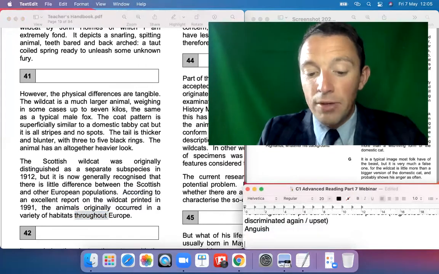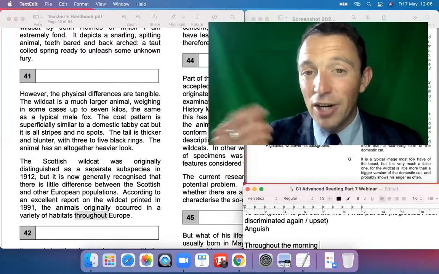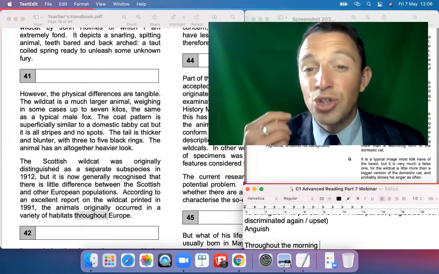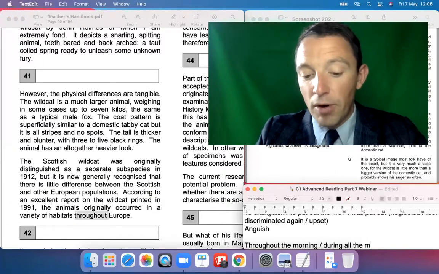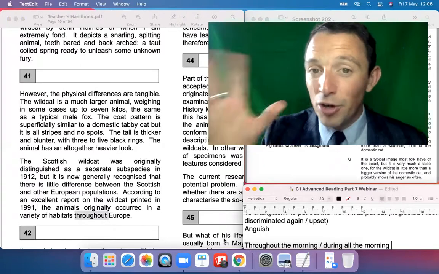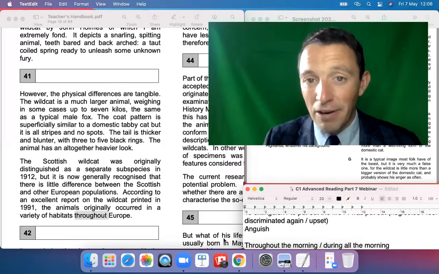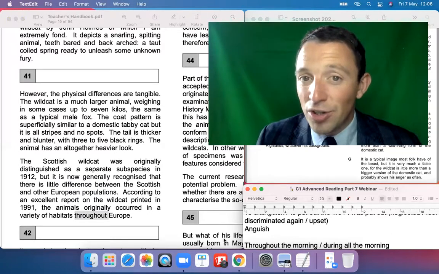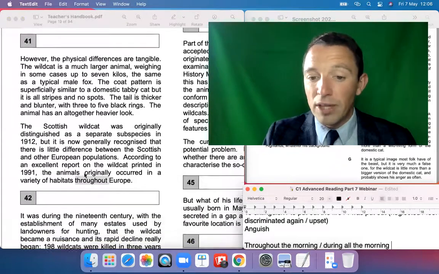So for example, throughout the morning, throughout the evening, throughout the year, throughout the month, and it means during all the month or during all the year. Throughout Europe means in every part of Europe, throughout Ireland, every part of Ireland. And it's really, really good vocabulary as well. Okay, so that's an interesting paragraph, not too difficult.